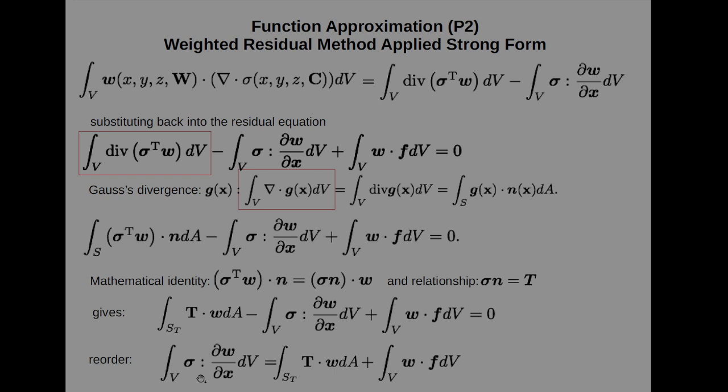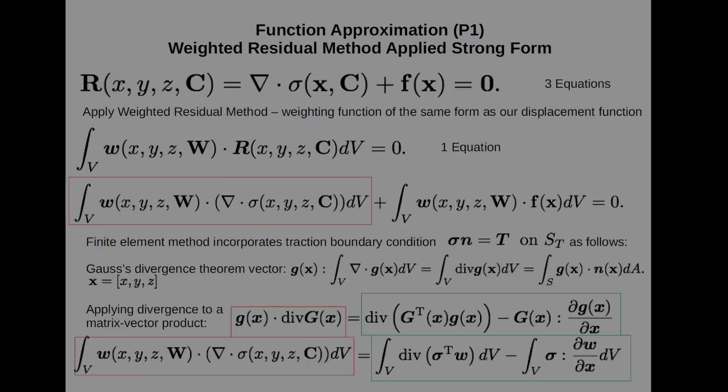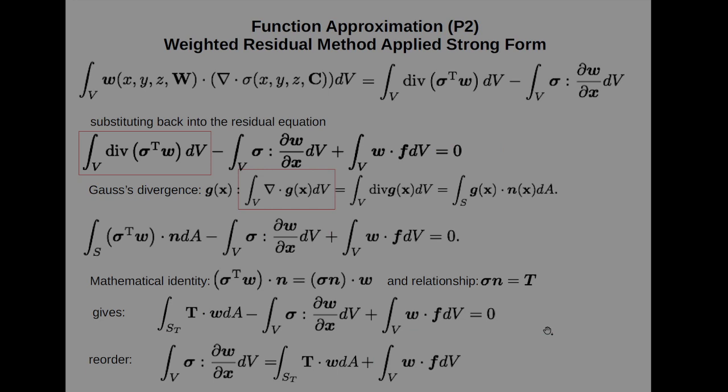It's essentially just taking a matrix and double dotting it with this matrix, which gives you a scalar. Because if you think about this partial w partial x, that is essentially a gradient operator, the gradient of w. But remember, we took the divergence of w multiplied by a matrix, and that's why this double contraction comes in. But I'll explain to you exactly what it is in a bit.